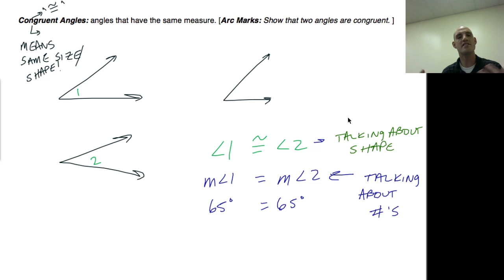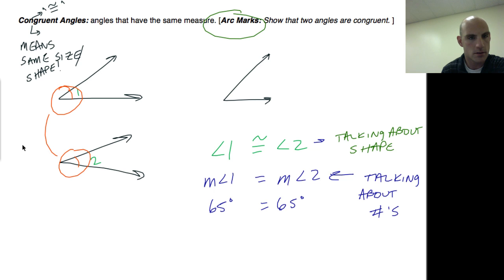And so I need an easy way to show that these two are congruent. Well, that's going to be taken up by arc marks. So what I can do is this. I can say one arc mark means that these are congruent. So this means congruent angles.